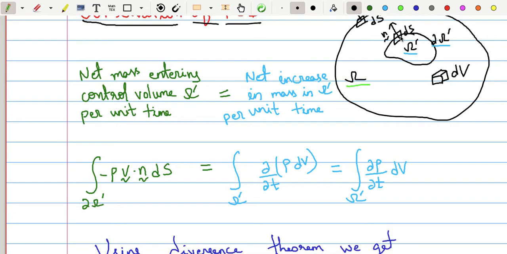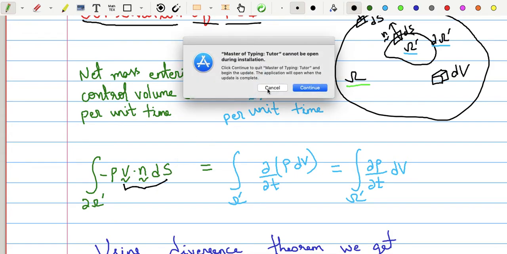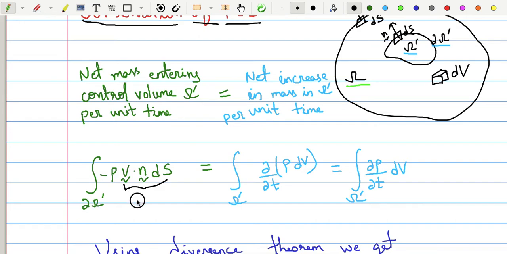It will be equal to the velocity of the fluid at that particular point dotted with the unit normal multiplied by ds.